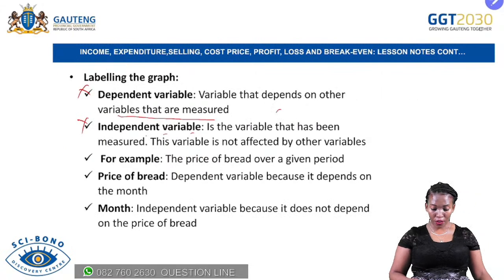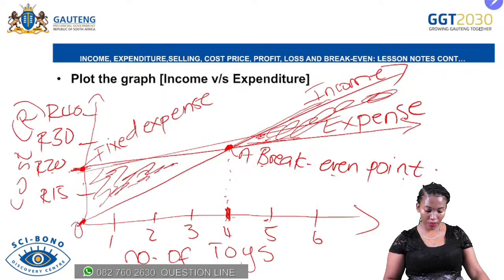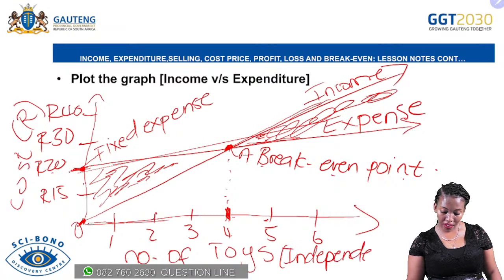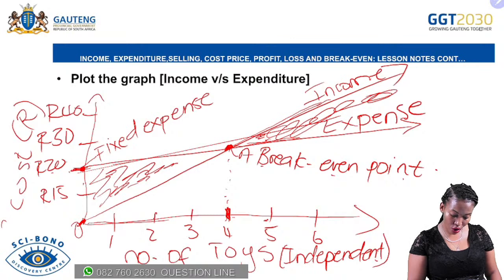And then if you look at this graph, the number of toys that are sold is always going to be the independent variable, because the cost will be your dependent variable.